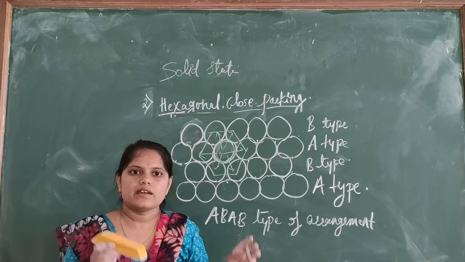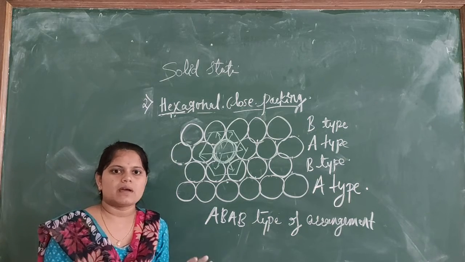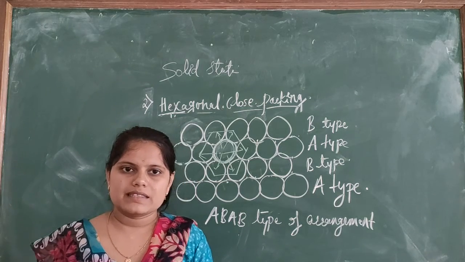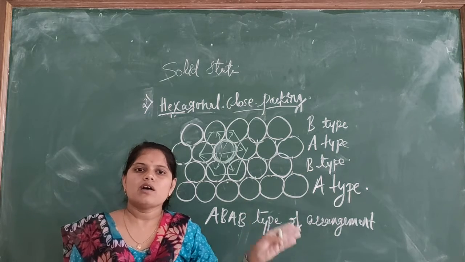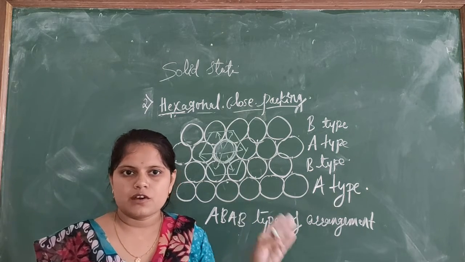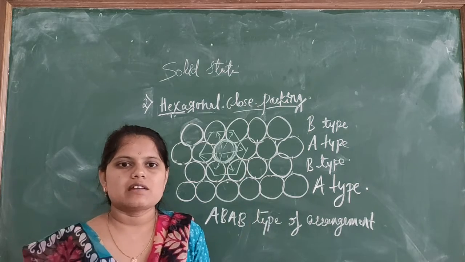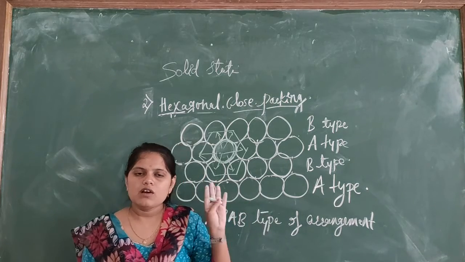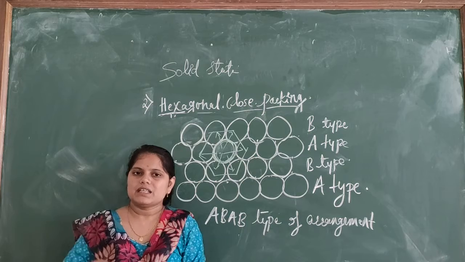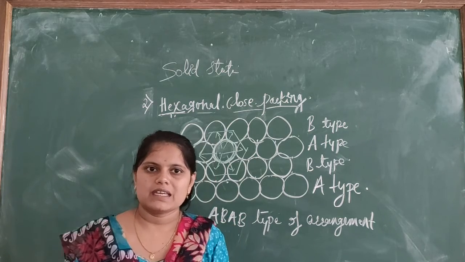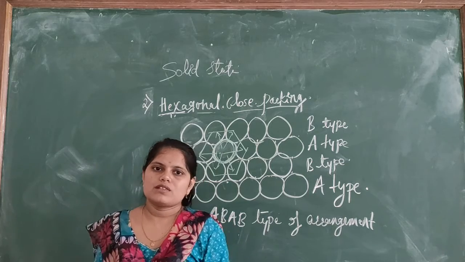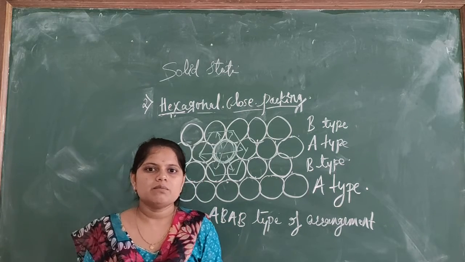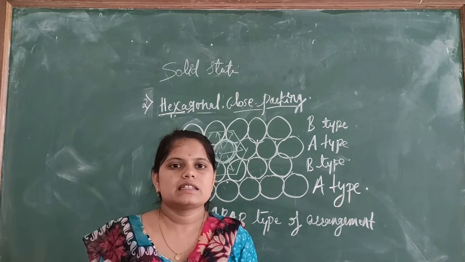I hope you understand what is meant by square close packing and what is meant by hexagonal close packing. In square close packing, we have 4 as the coordination number because each atom will remain in contact with 4 neighboring atoms. But in case of hexagonal close packing, we have 6 as the coordination number because here each atom will remain in contact with 6 neighboring atoms.